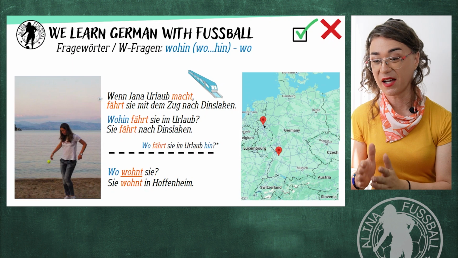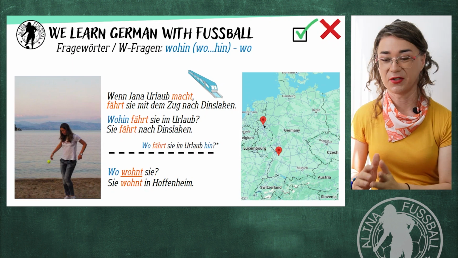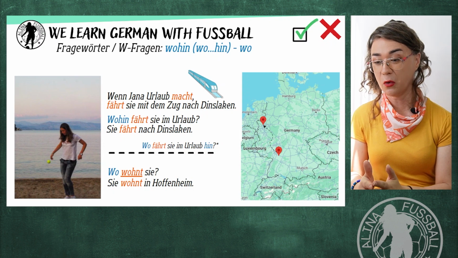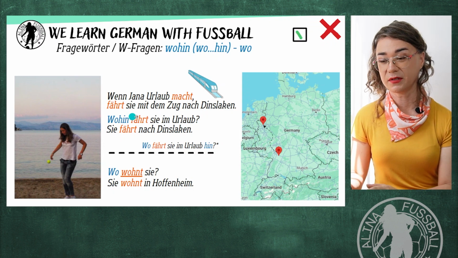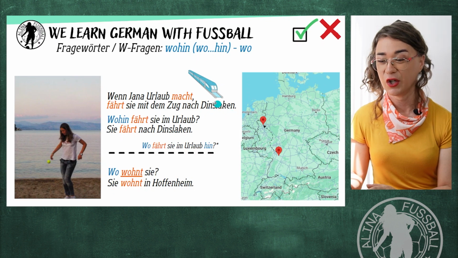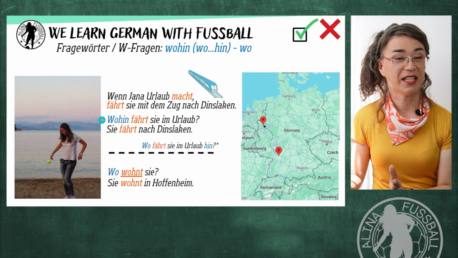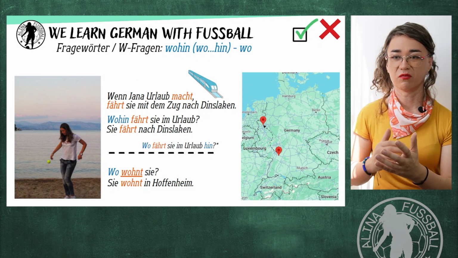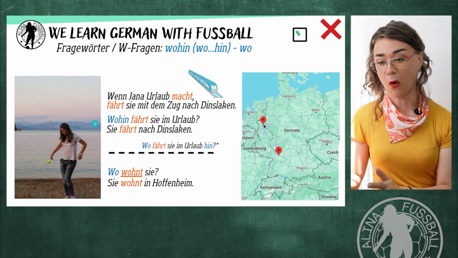So, wenn Jana Urlaub macht, so when she is on vacation, fährt sie mit dem Zug nach Dinslaken. As we have seen, we are focusing on the destination. So, when we want to know a destination or the direction you are moving to, we use the Fragewort wohin.